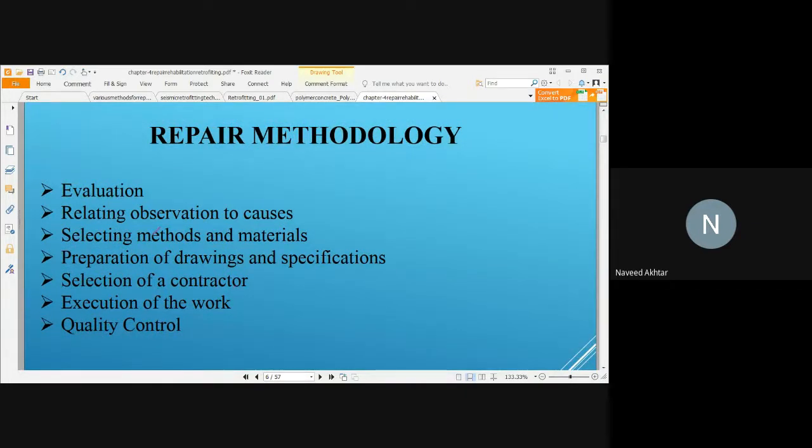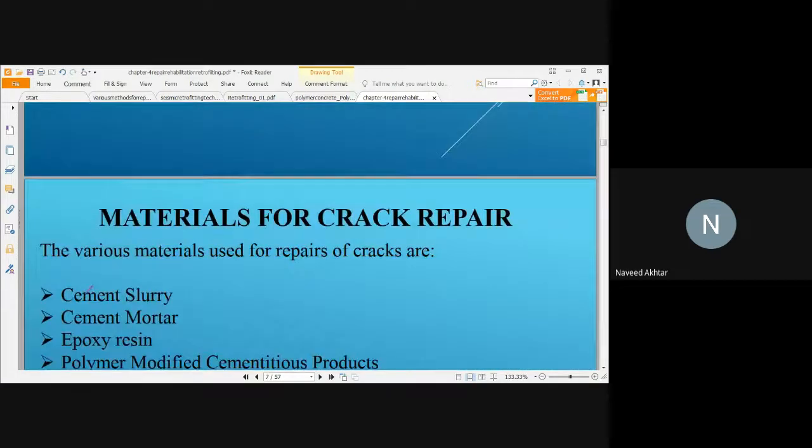So the steps are evaluation, observation of the causes, selection of method and material for the retrofitting or repair, preparation of drawings and specifications, selection of the contractor and the materials, execution of the work, and then the check for the quality of the work.